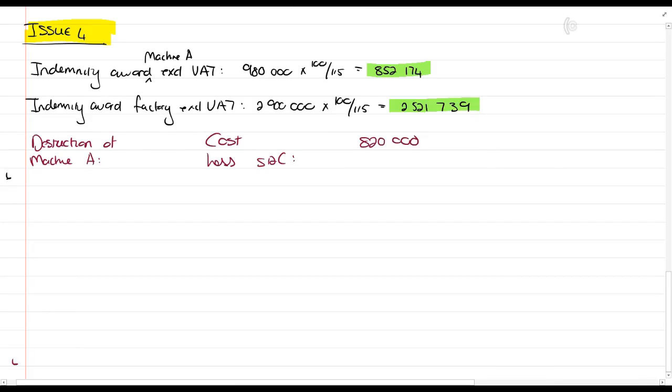Less section 12C. In 2017, we claimed 40%. In 2018, the previous tax year, claimed 20%.